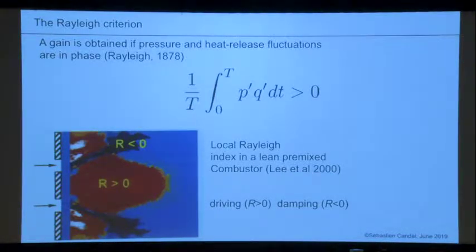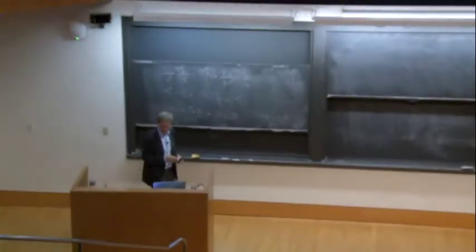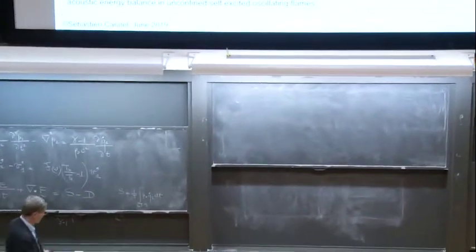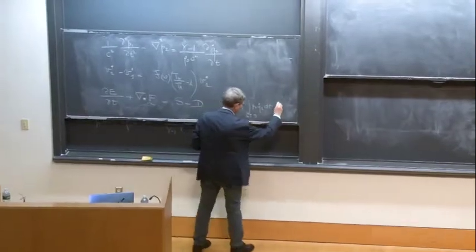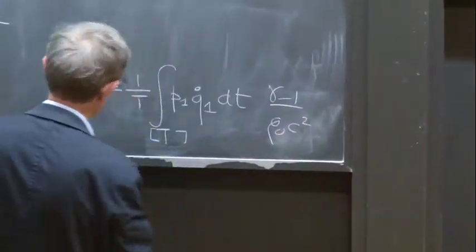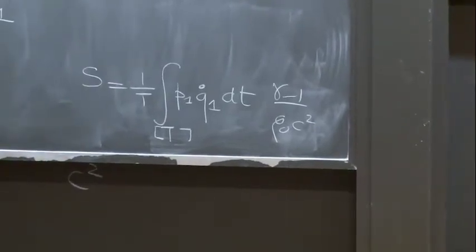It is given in an exact form. Actually here, there must be a gamma minus 1 over rho 0 c squared. Yes, there is gamma minus 1 over rho 0 c squared. Okay, so here we have exactly the balance of acoustic energy.